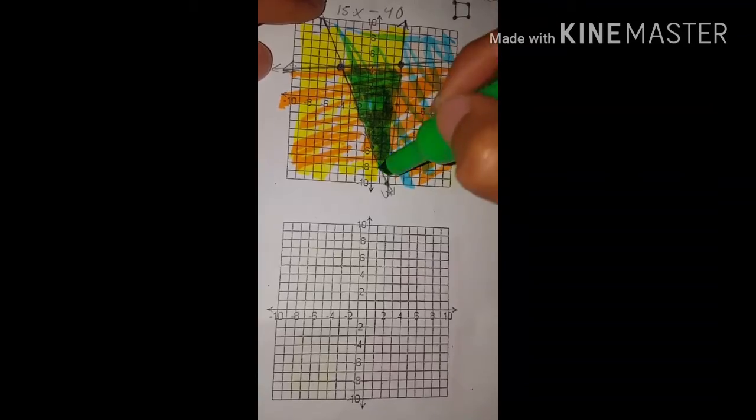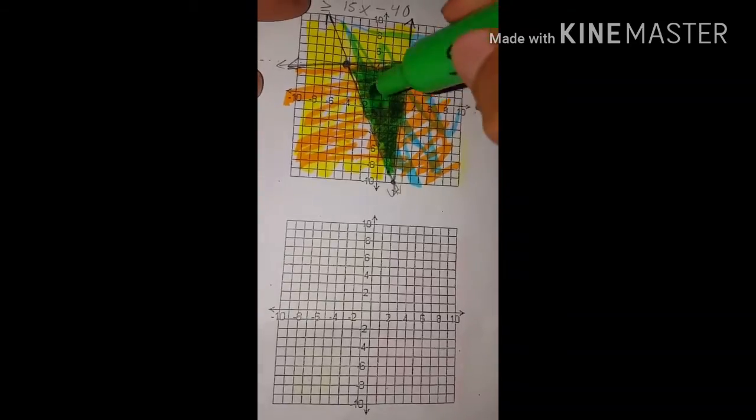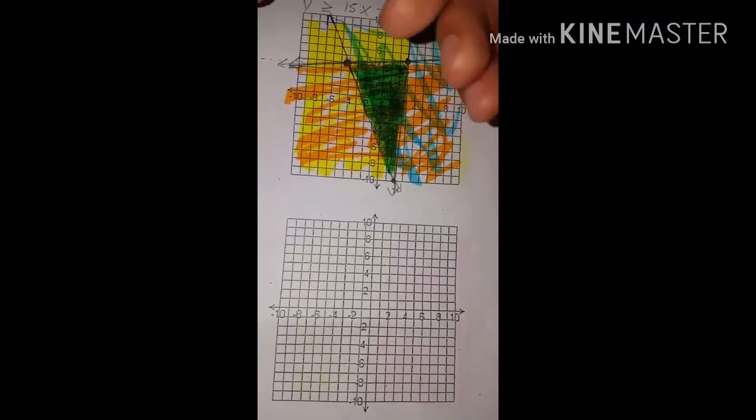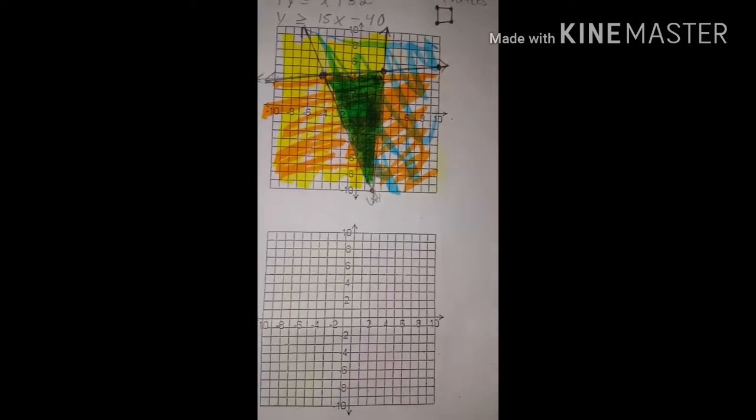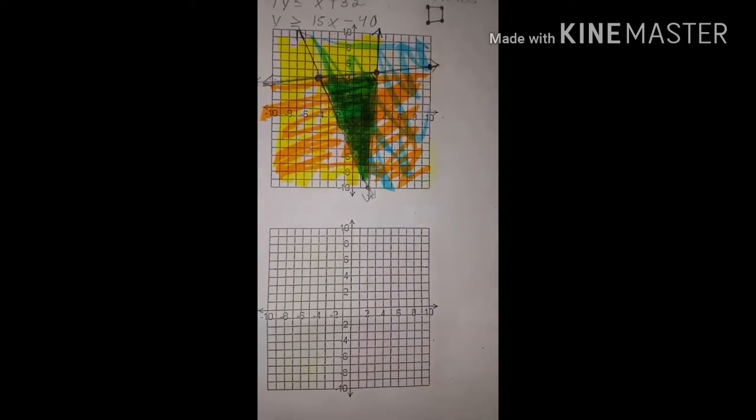I should have really just shaded this part, because that's the solution. But I shaded where every line had to be shaded. So it's a little different.